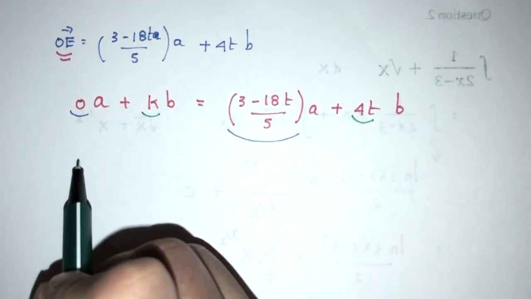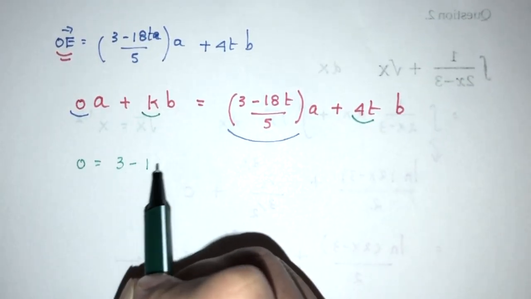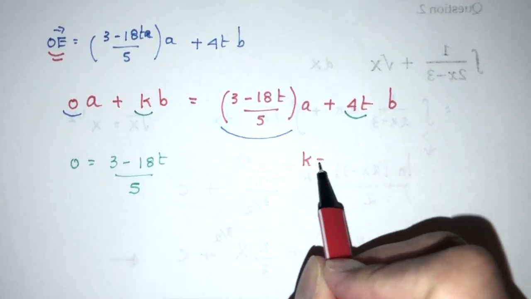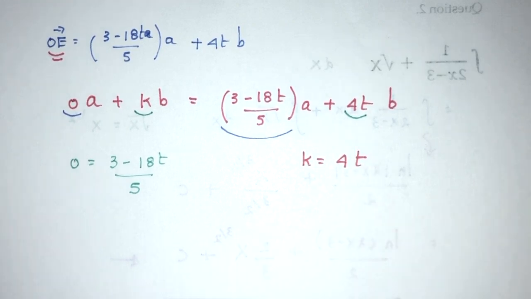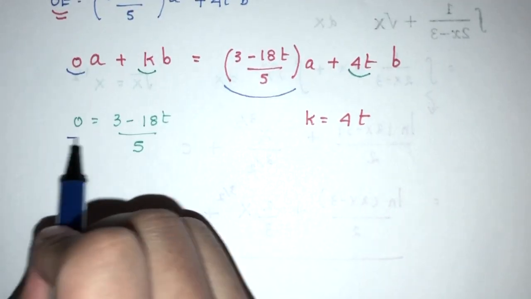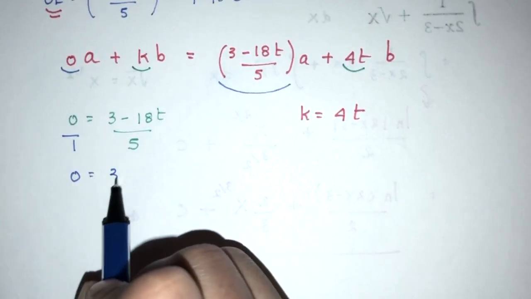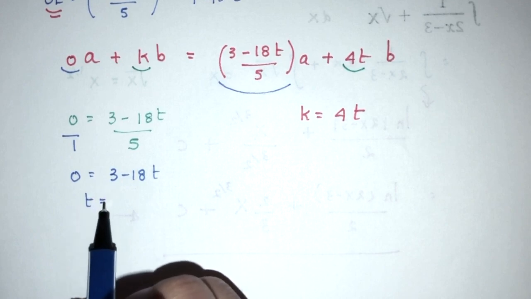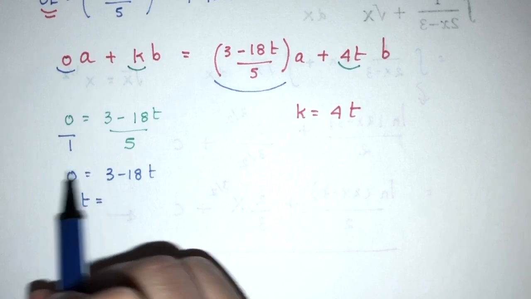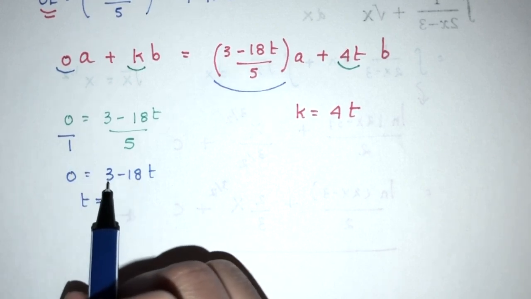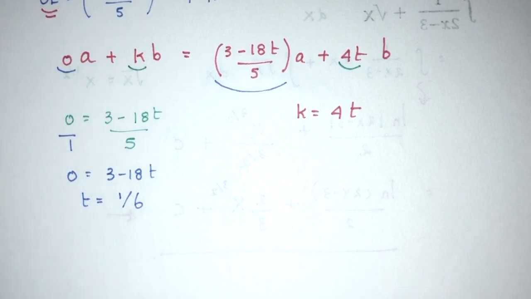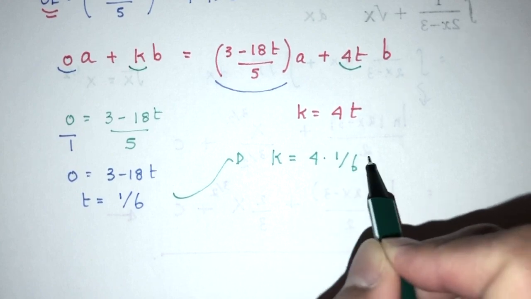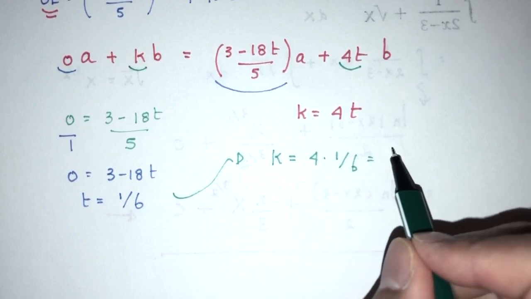So 0 is equal to 3 minus 18t over 5 on one side, and here we have k is equal to 4t on the other side. Okay, now simplify, cross multiply, you will have 0 equals 3 minus 18t, so send this over here, become 18t divided by 18, so t should be 1 over 6. Now bring this right here, k has to be 4 times 1 over 6, the value will be 2 over 3.